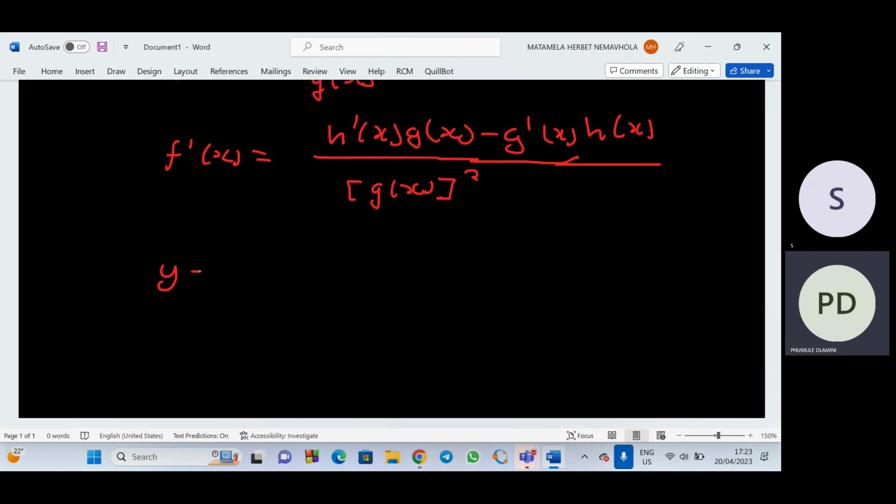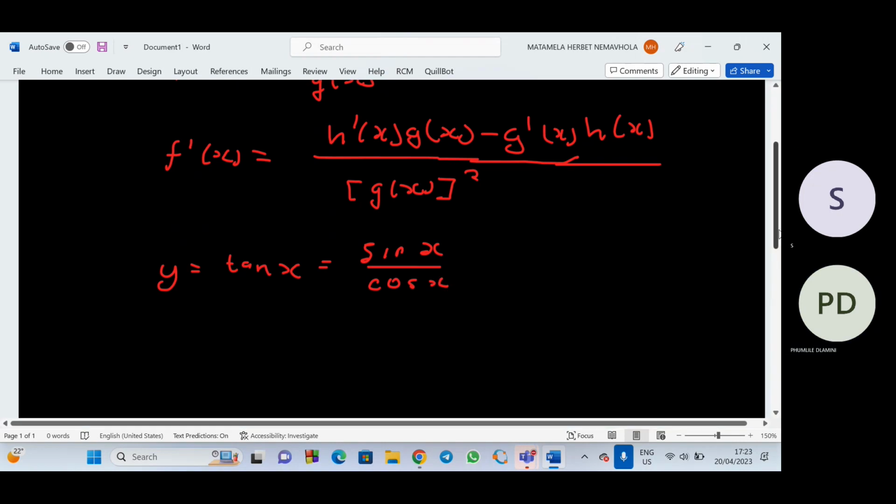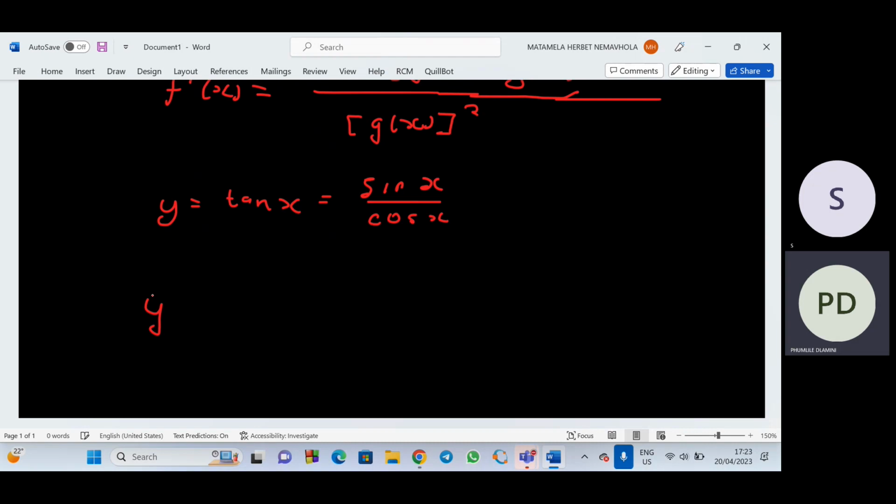If I have y equals tan x, I showed you that the derivative of tan x equals sec squared x. Remember, tan x is the same as sine of x divided by cos of x. So if I want to find y prime using the quotient rule, I take brackets, cos of x squared. Then I differentiate sine, which gives cos of x, multiplied by cos of x.